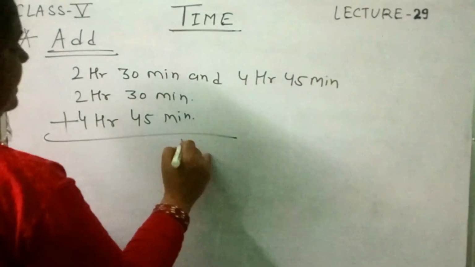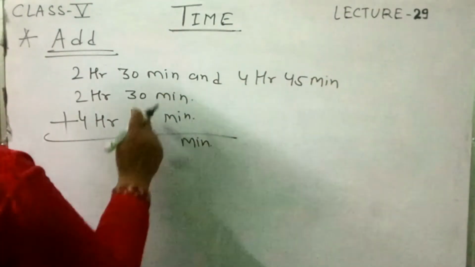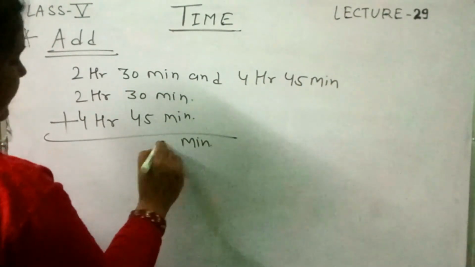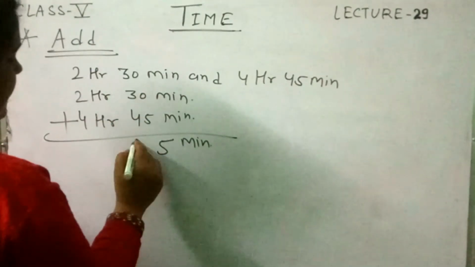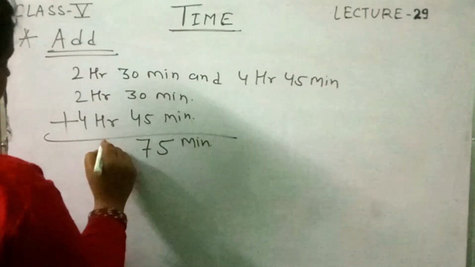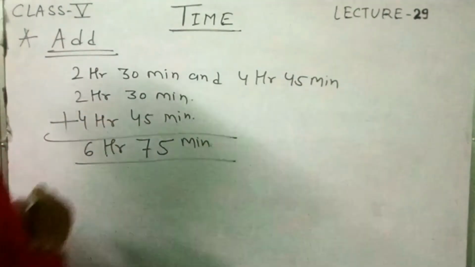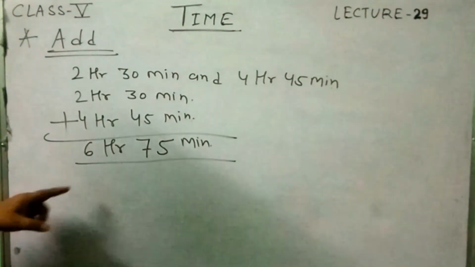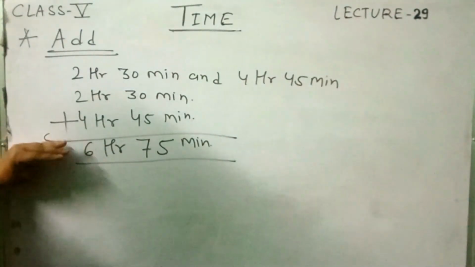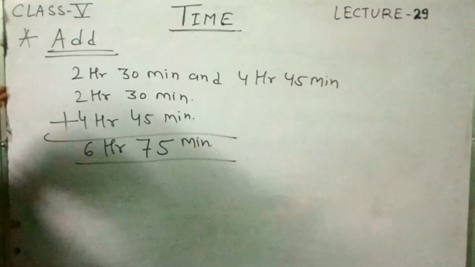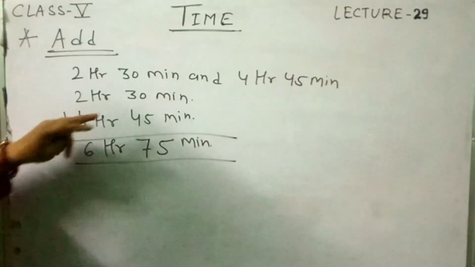Write here minute, minute. 0 plus 5, 5. 3 plus 4, 7. Write here hour. 4 plus 2, 6 hours. See here, students. First you add as it is, like a simple addition.